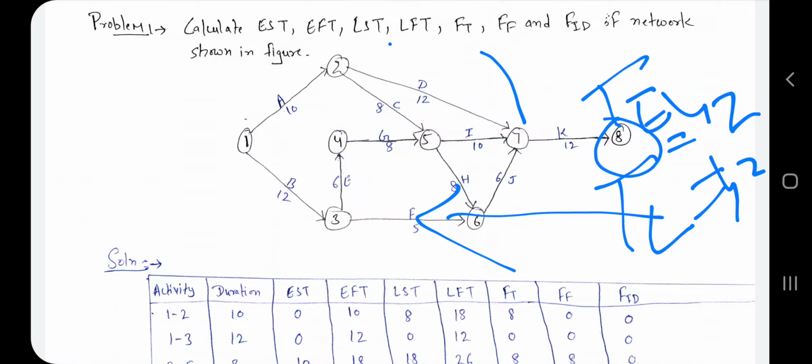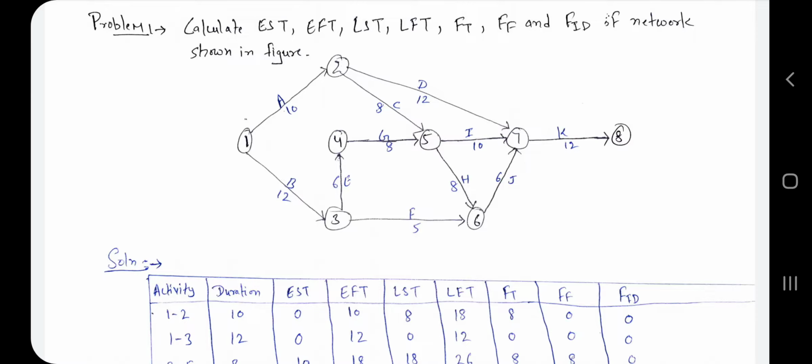At 7, TL is equal to 42 minus 12, that means 30. So at 7, the TL value is 30. You have to find these values according to this procedure. And if you do not know how to find TE and TL, please watch our previous lectures. In those lectures I already told you about that part. Okay, so in this way we have to find the TL and TE.